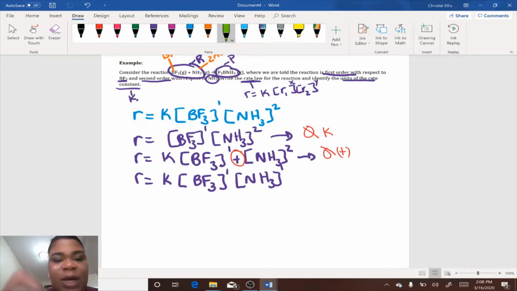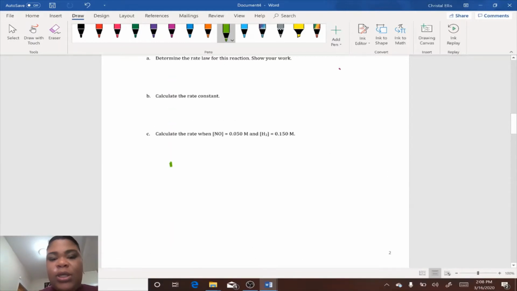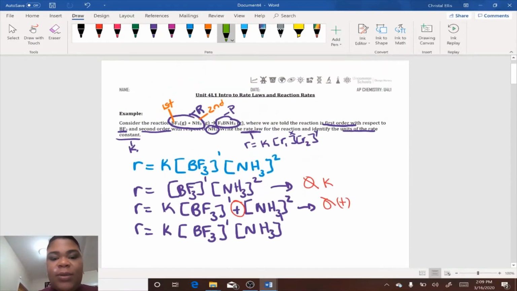I think the scholars look at the first equation, the overall equation, and notice that there's a coefficient of 1 here. And so they made those into their rate order exponents. That is incorrect because the coefficients have no impact on the overall rate law. The rate orders can only be determined experimentally or if they were given to you.